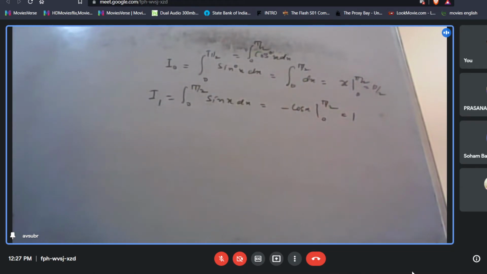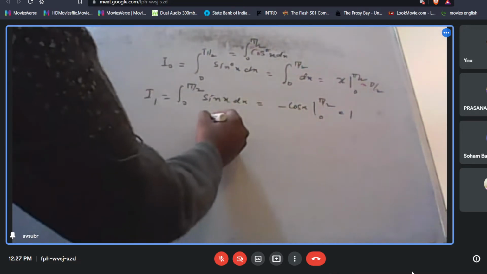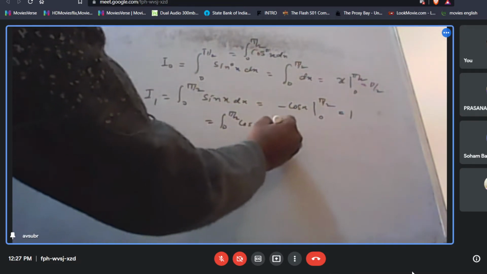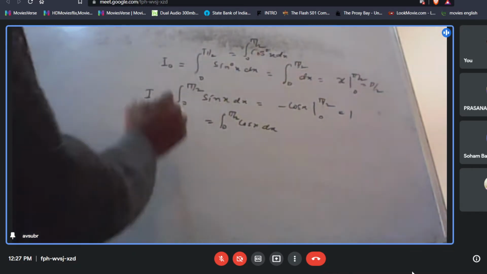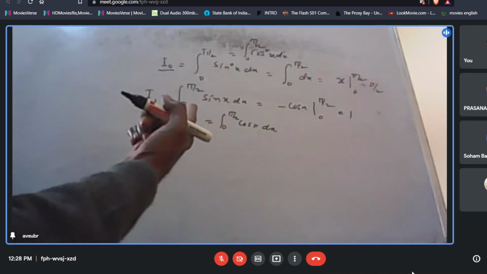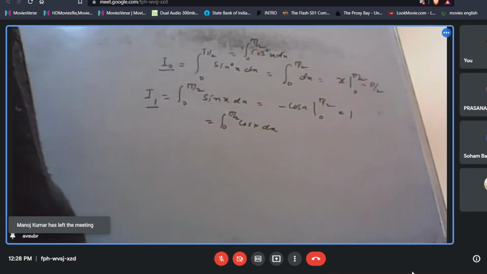So simultaneously you can write that down. This is also equal to 1. So we have got the values of I0 and I1, which we had written in the Wallis formula. Other things we have to find out.